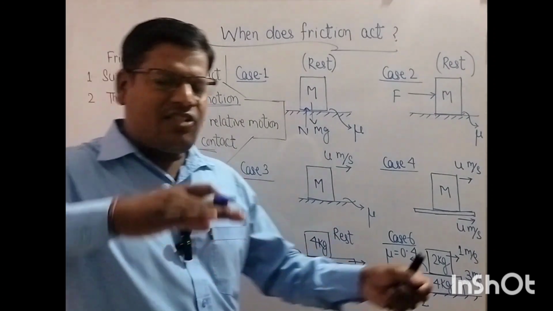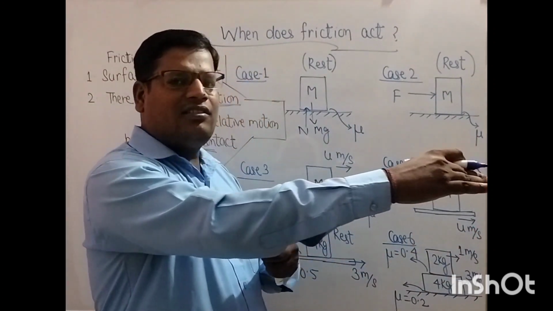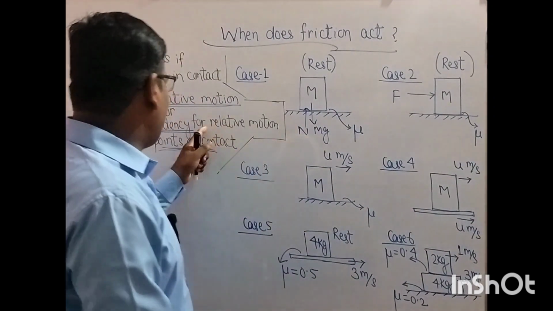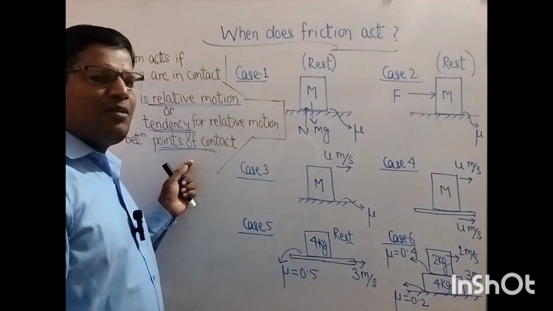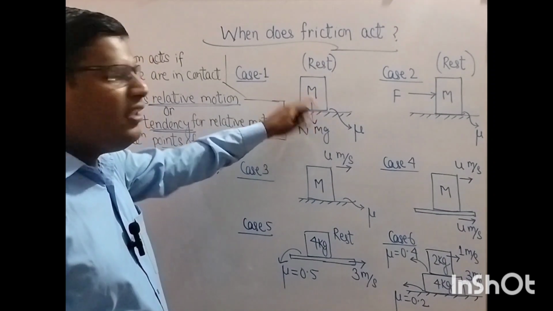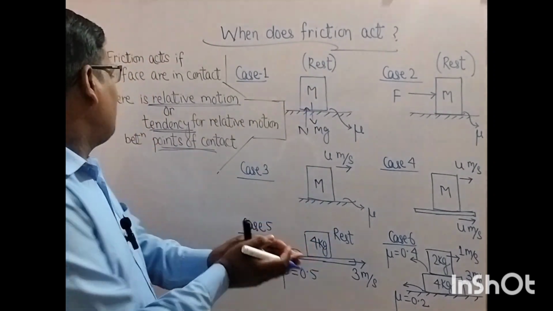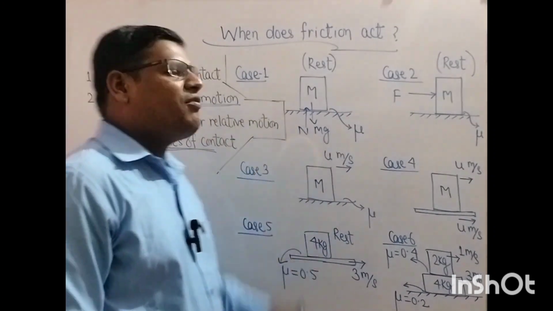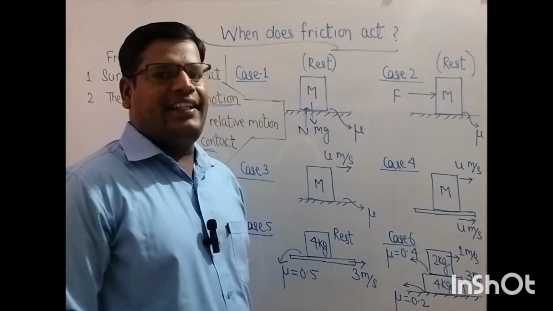Is there any horizontal force which is trying to slide the body over the ground? No. So there is not even a tendency for relative motion of points of contact, of course I am talking about the two surfaces which are in contact. So there is neither relative motion nor a tendency for relative motion. So there is no friction acting here.